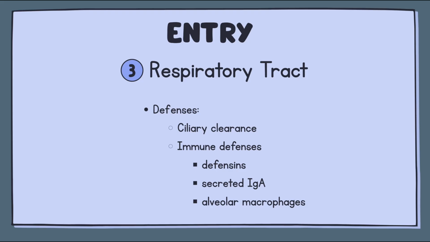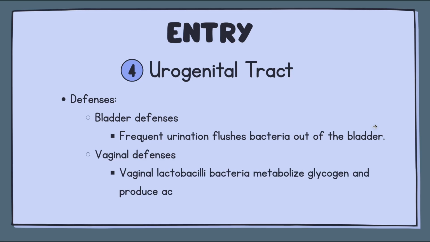The third way that pathogens can enter the body is through the urogenital tract. So this system also contains protective defense mechanisms, including bladder defenses. Frequent urination flushes the bacteria out of the bladder.